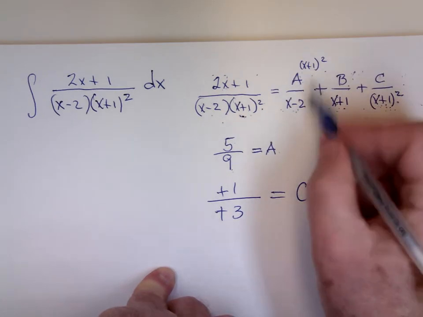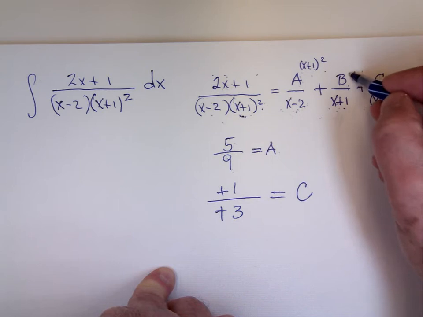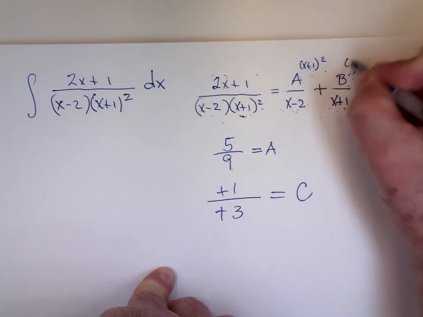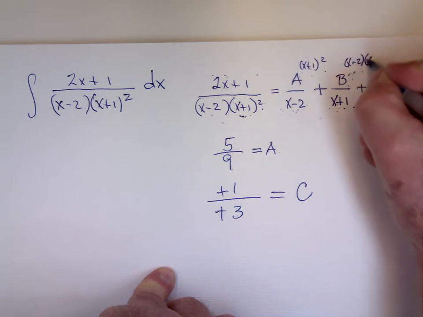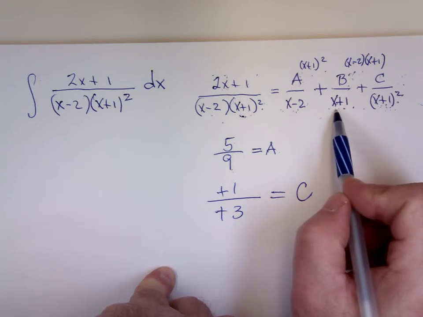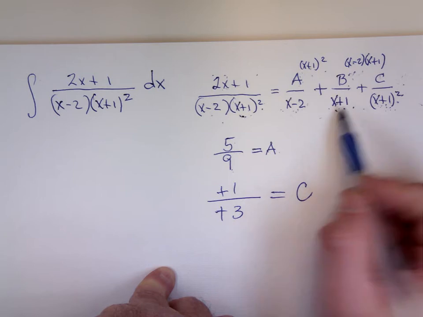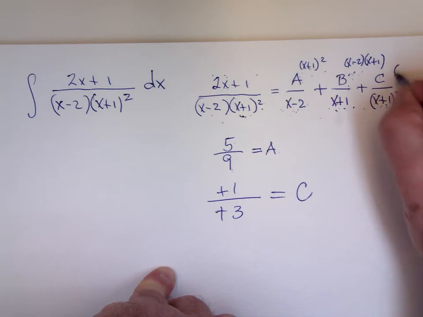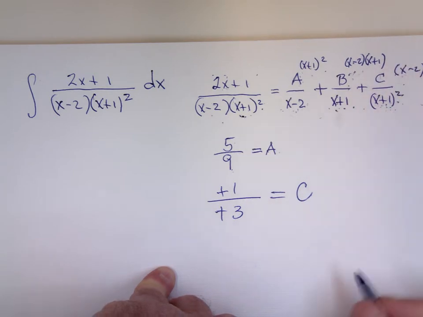The B, numerator and denominator, would have to get multiplied by x minus 2 and then x plus 1. Because I have to make this denominator x minus 2, x plus 1 squared. This numerator and denominator gets multiplied by an x minus 2. You with me on that? No? Vitaly? Was that a no? No, you're not. You shook your head no.